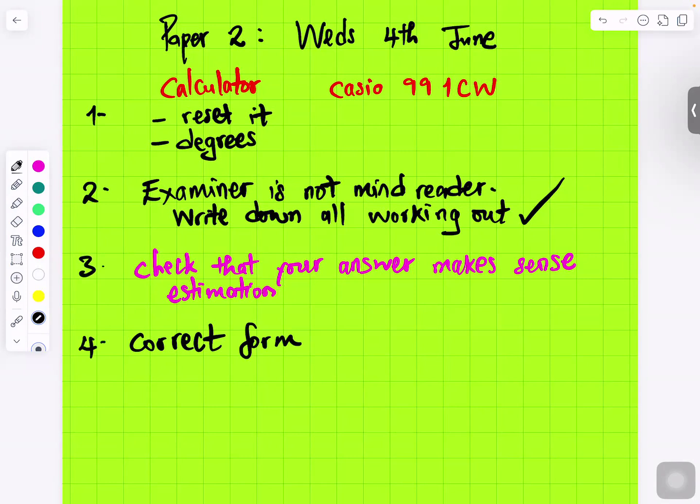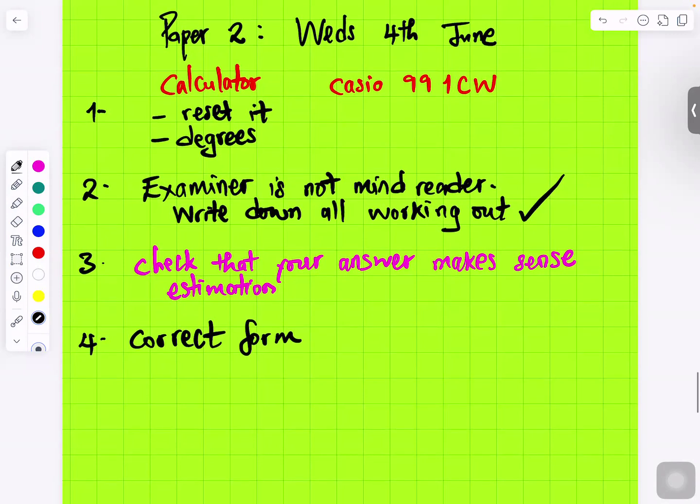The correct form means if they want your answer to 3 significant figures, make sure you do that in 3 significant figures. Another thing they can ask you to do is to give your answer to 1 decimal place. So all those little things, they'll give you marks. You wouldn't lose those marks.